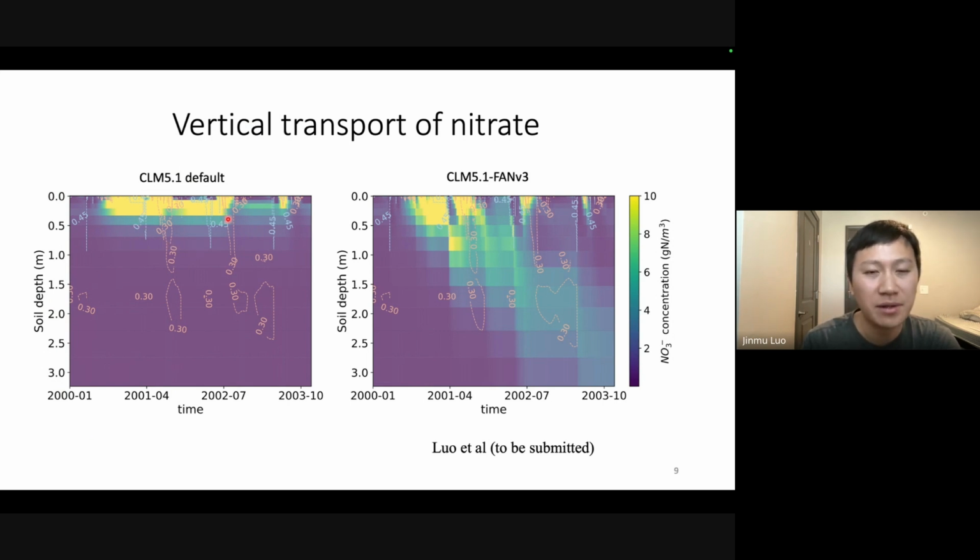It stays at the same places across the whole time. After incorporating our simple method into CLM, the nitrogen begins to move down, especially in the high leaching year. So finally, we can obtain a real nitrogen drainage at the bottom of the soil column.